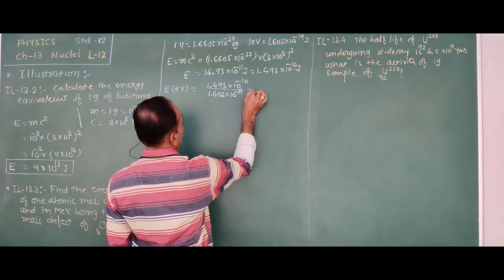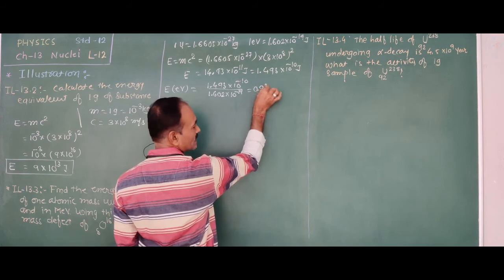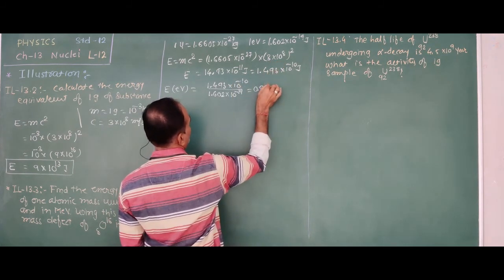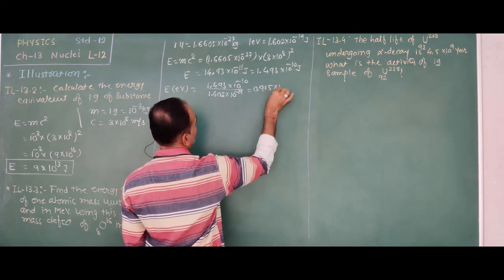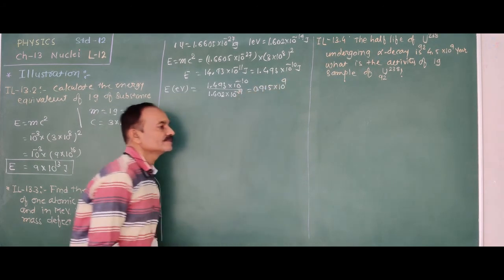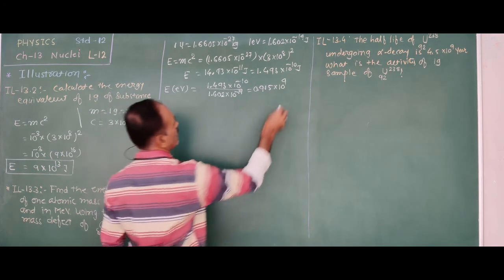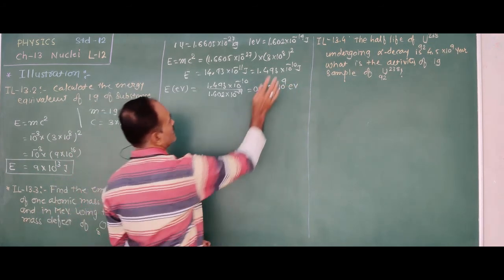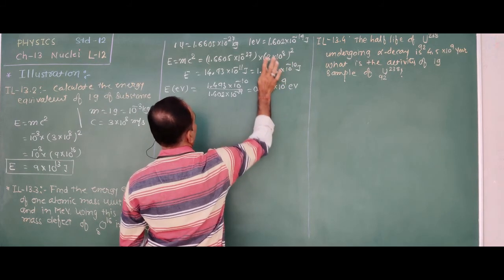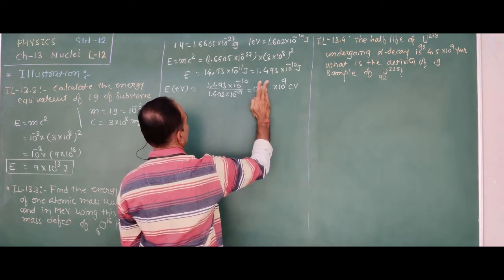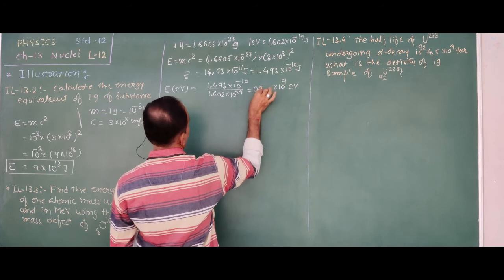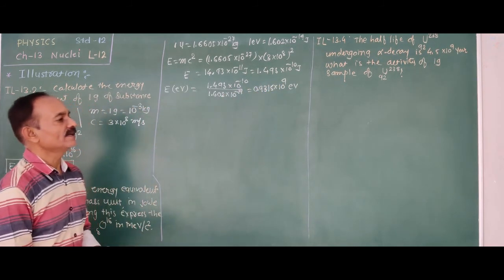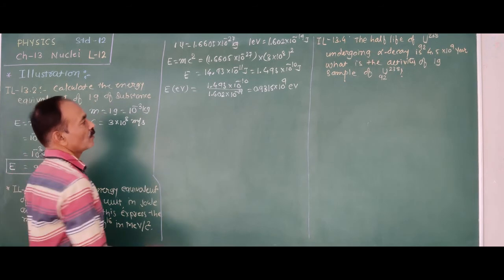Thus we obtain 0.9315 into 10 raised to 9 electron volt, that is, 9315 into 10 raised to 5 electron volt.